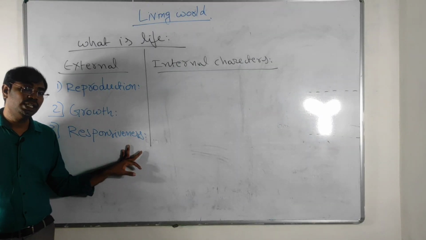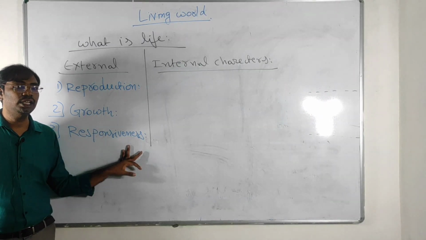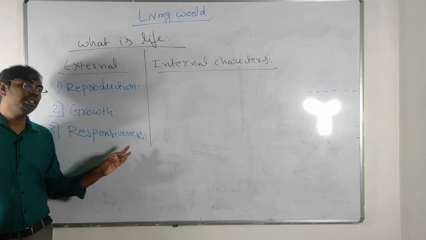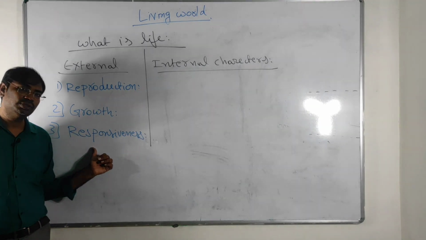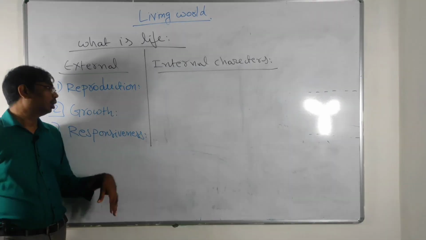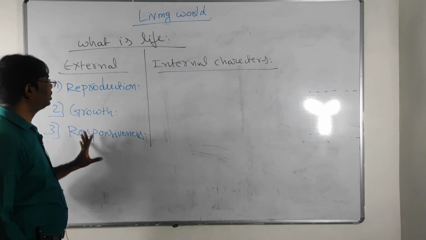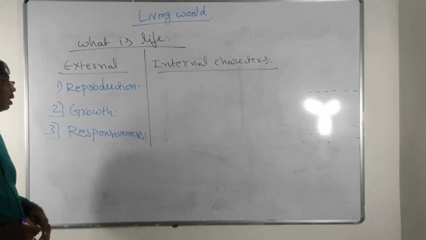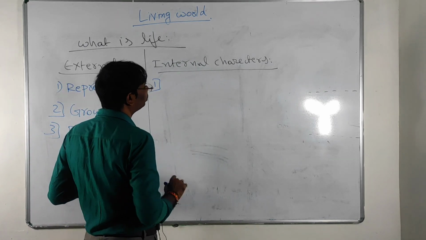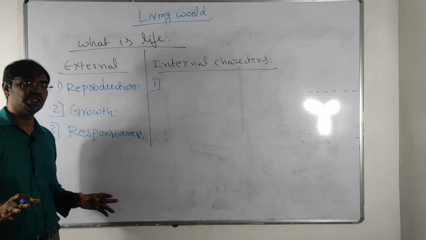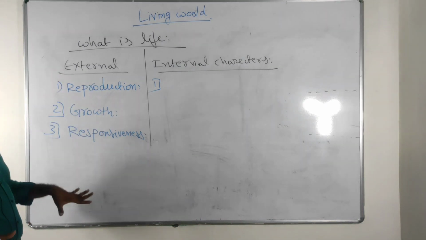When you keep the plant in sunlight, again it will become green. It means the plant is showing a response towards light intensity. So this is called response. If these characters are present, we can say it is a living organism. Generally this is basic information, so deeply we will discuss one by one.